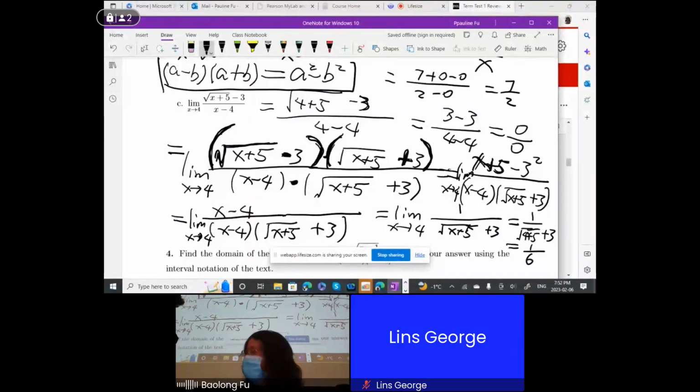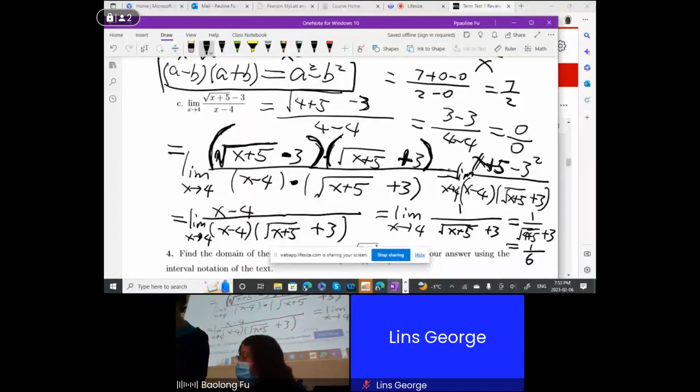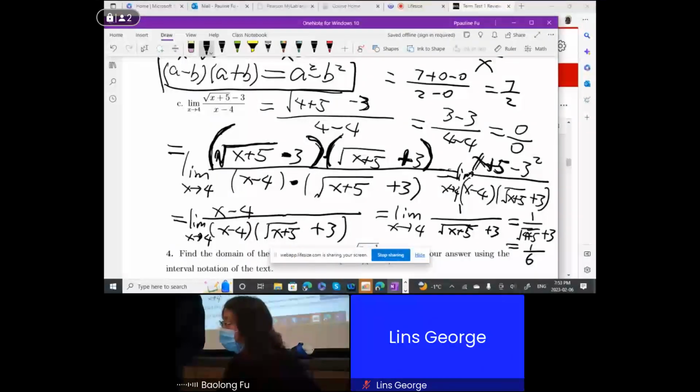Oh, no. You don't plug in x equal to 4. You just do the manipulation. Forget x equal to 4. You just simplify this. It is x minus 4, right? Yeah. And then cancel out with x minus 4 here. You plugged in x too early. Oh, okay. So I need to fix it here then.